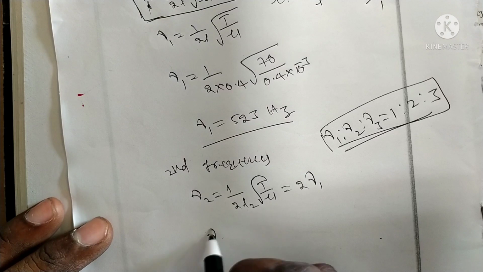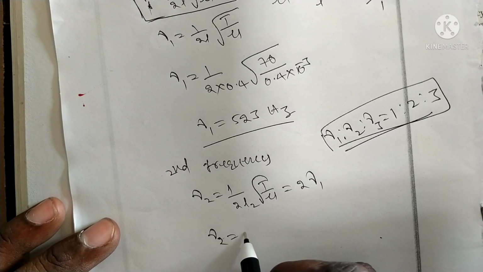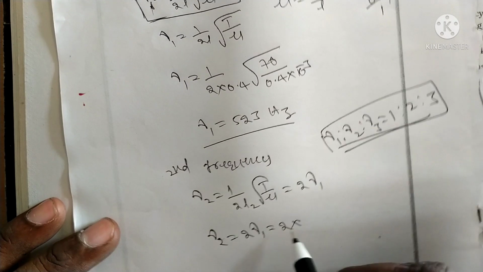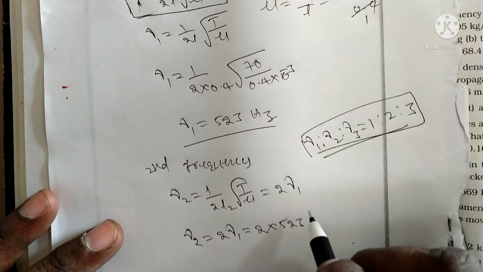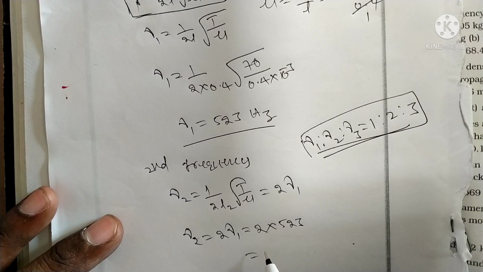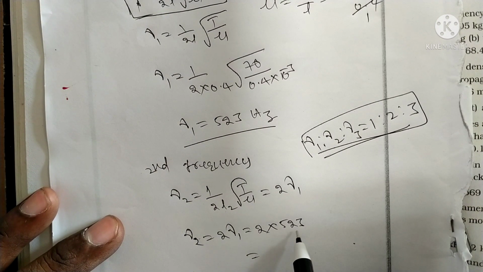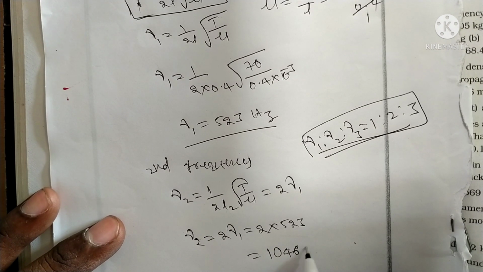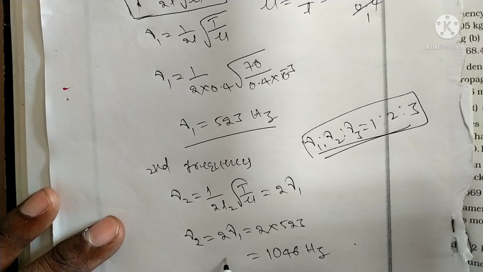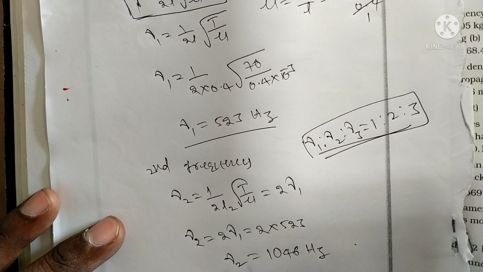Okay, suppose nu2 is equal to 2 into nu1, that is 2 into 523 Hz, that is 1046 Hz. That is the second mode of vibration.